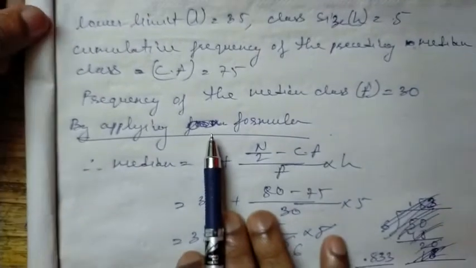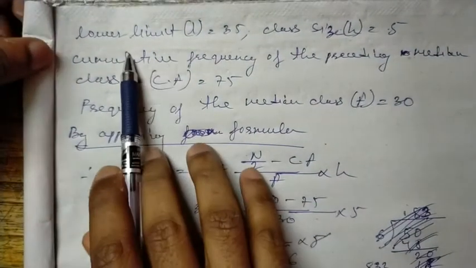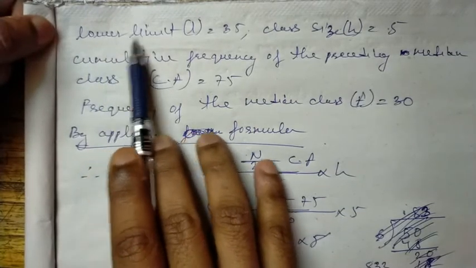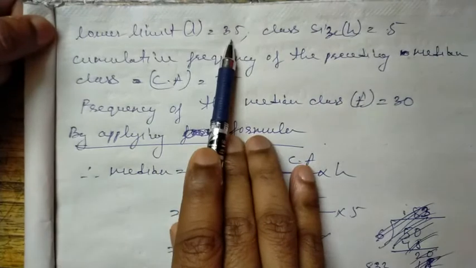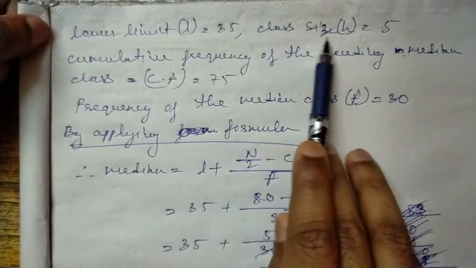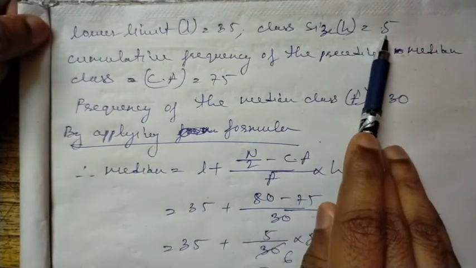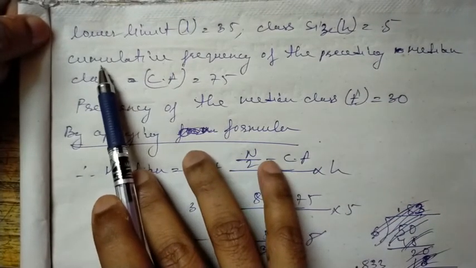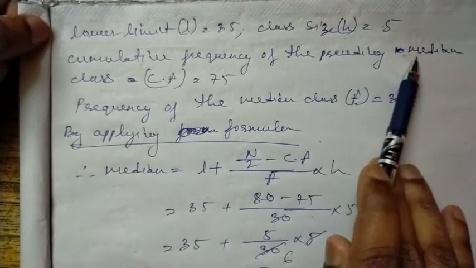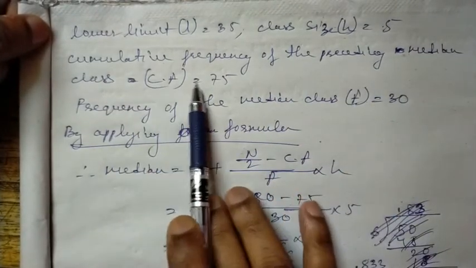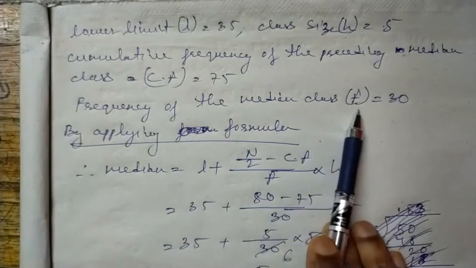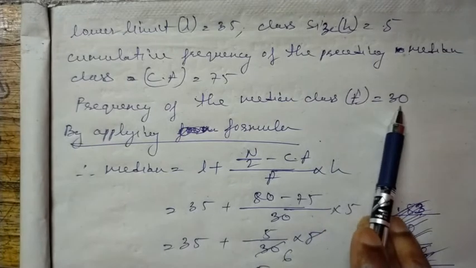Now we will first write the values: the lower limit L is equal to 35, class size h is 5, the cumulative frequency of the preceding median class CF is equal to 75, and the frequency of the median class f is 30.